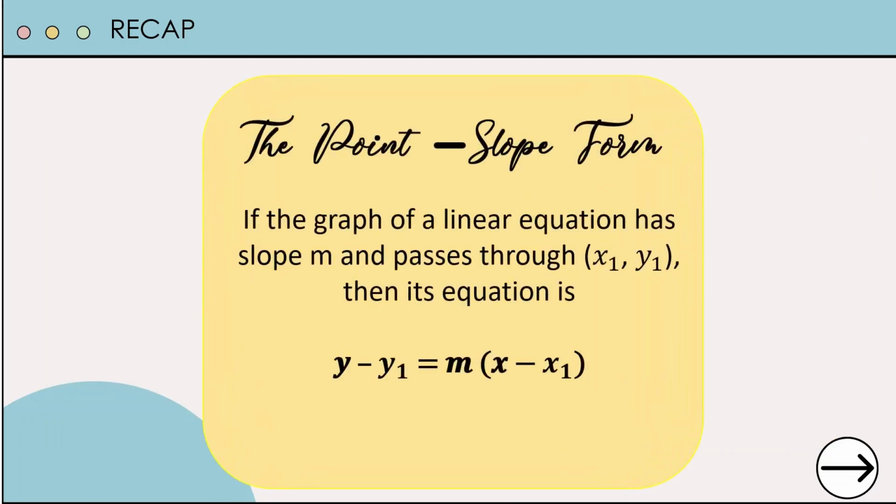If the linear equation has a given slope m and passes through point (x sub 1, y sub 1), we use the equation y minus y sub 1 equals m times (x minus x sub 1), or the point-slope form.